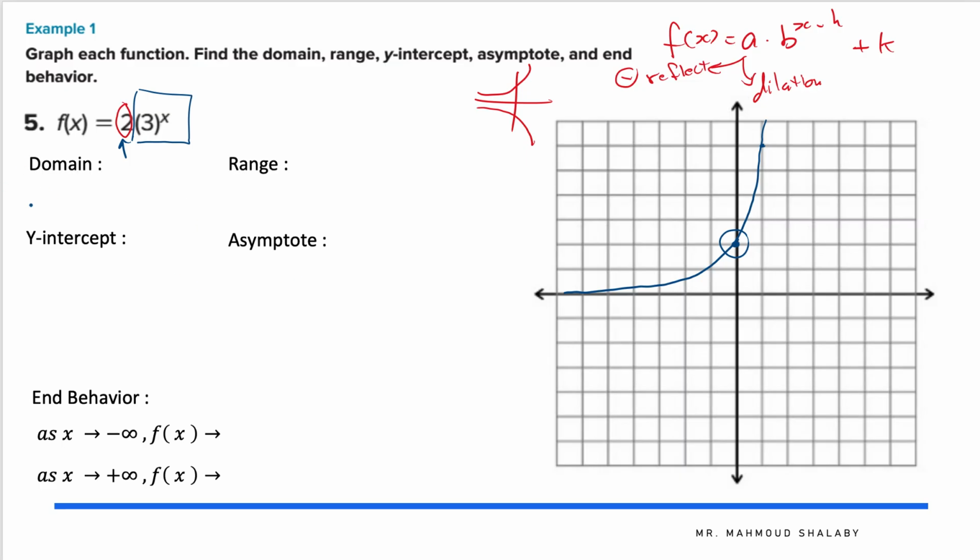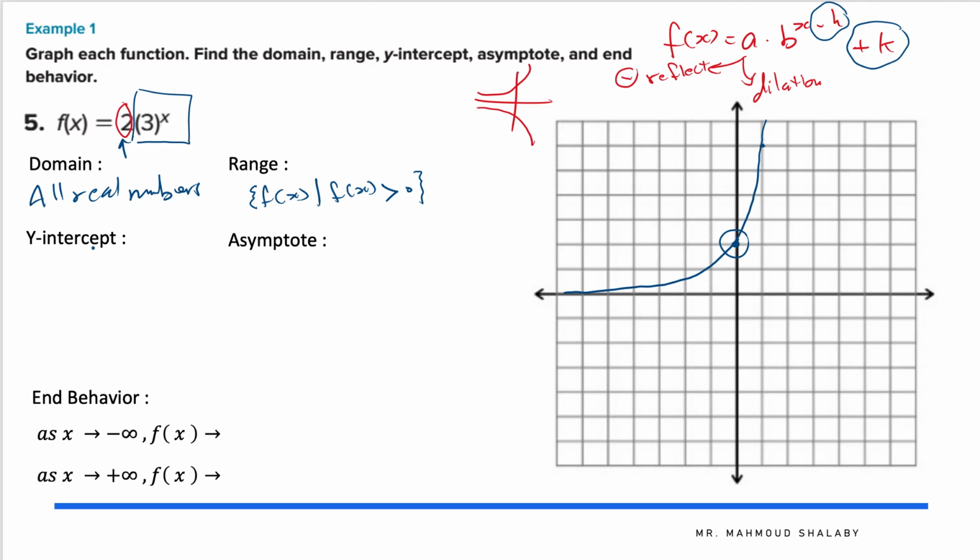Actually, nothing at all, as long as the graph is not translated, which means there is no h and no k. Nothing will change at all in all of these, which means the domain is still all real numbers. The range is still f of x such that f of x is greater than 0, because the graph is still above the x-axis, going from 0 to infinity.